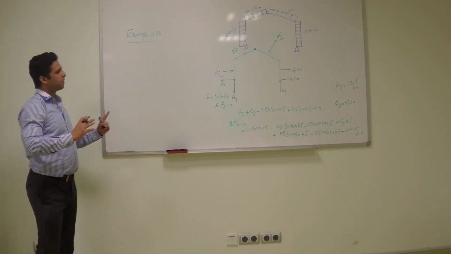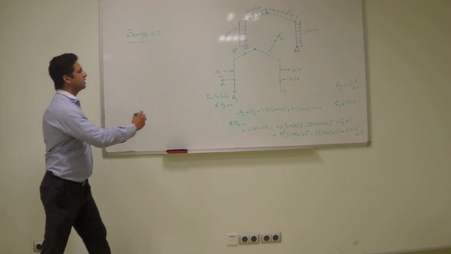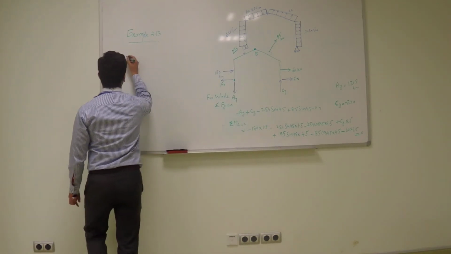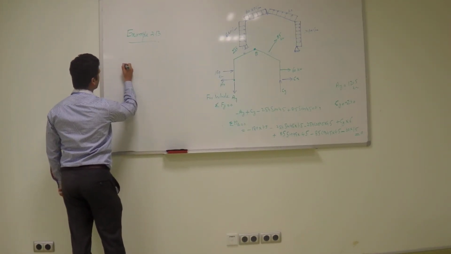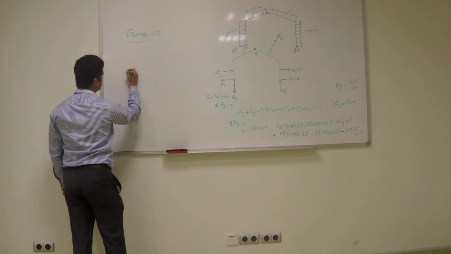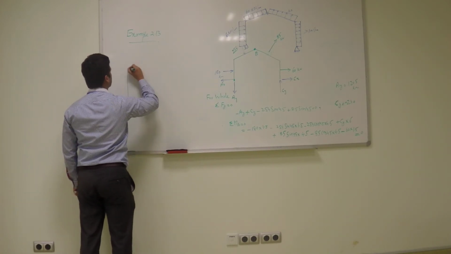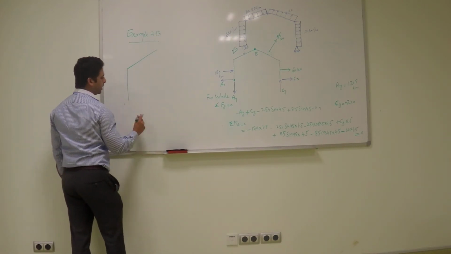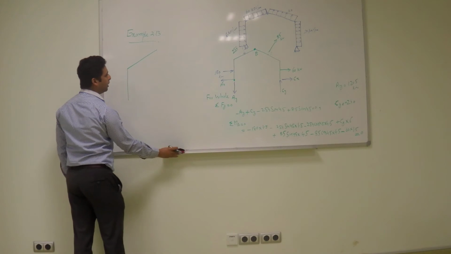So let's solve first the left part. This is point B. Now I will divide this structure into two parts, the left part AB, and now I'm drawing the free body.